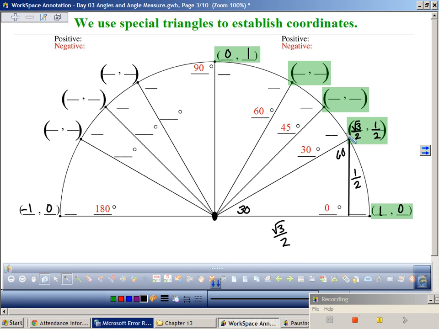Right? Now this other triangle here is the same triangle, only flipped. So if it's flipped, wouldn't I just have to switch my coordinates? Correct? Because now the 60-degree angle is here. I can erase it.